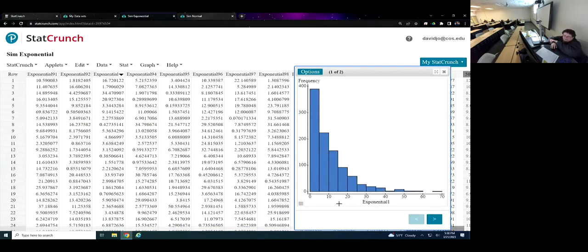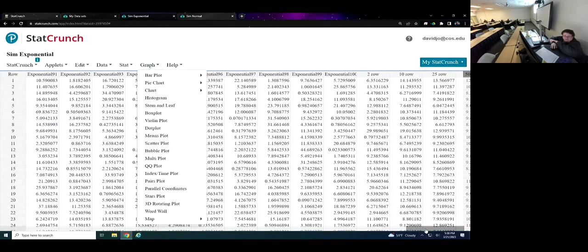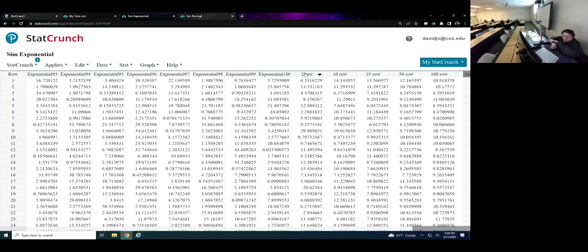It looks like a Poisson distribution. It's nowhere near bell shape. It's really, really far from bell shape. It's really high in the beginning and it tapers off as you go to the right. That's a regular exponential distribution. As soon as I start doing the average thing like I did with 2, 10, 25, 50, and 100.